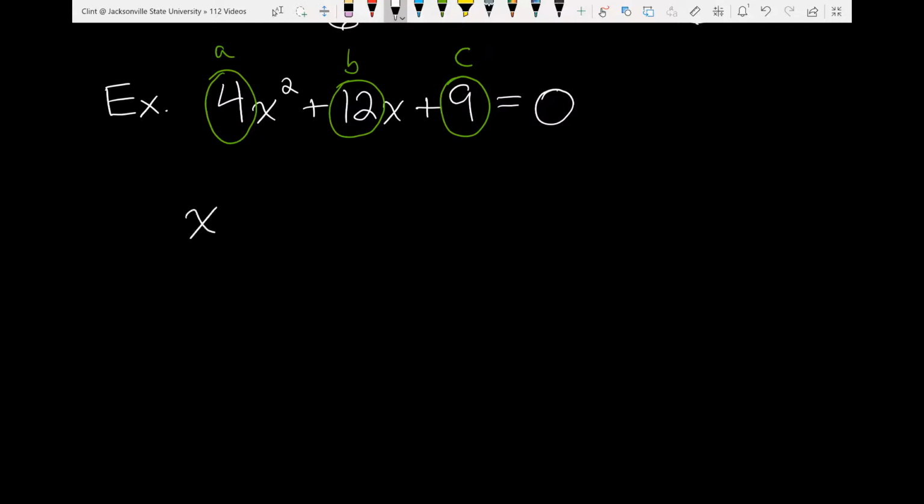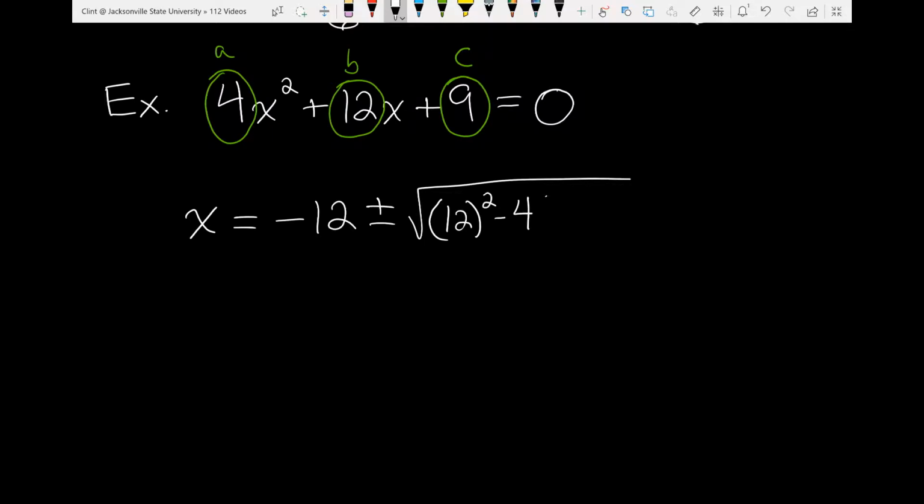So x is going to be the opposite of b, so negative 12 plus and minus the square root of b squared, so 12 squared, minus 4 from the formula times a, which is also 4, times c, which is 9, all divided by 2 times a.